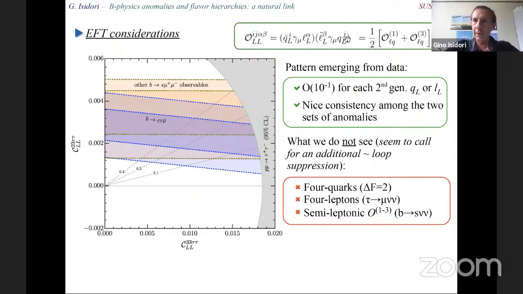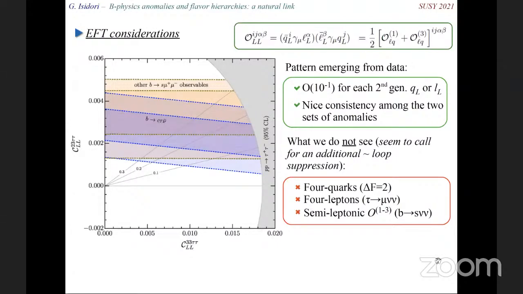It's not a QQLL, neither a singlet nor a triplet of QQLL, but a specific combination, which is what you would generate from the exchange of a leptoquark, which is coupled directly to the quark-lepton current. So clearly, all this goes in the direction of the leptoquark, because the leptoquark as mediator would not generate a tree level for quark, would not generate a tree level for lepton, and would only generate specific contractions of quark and lepton current.